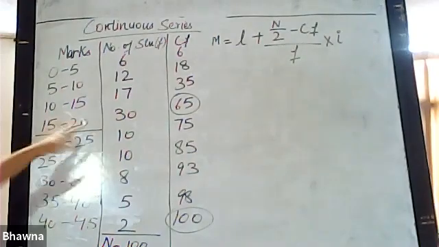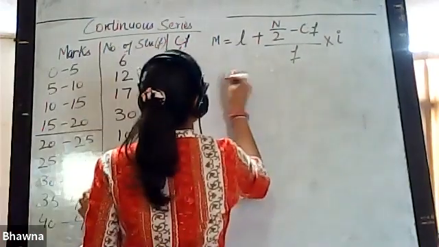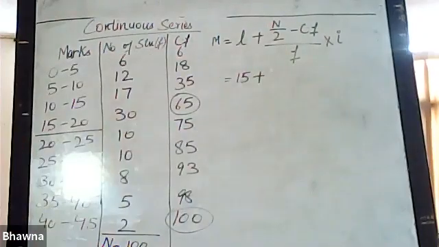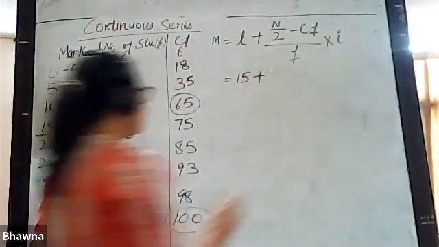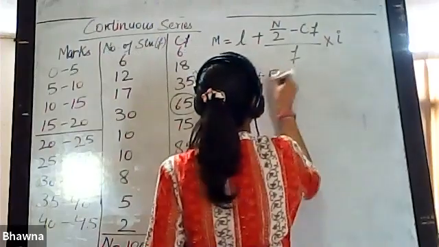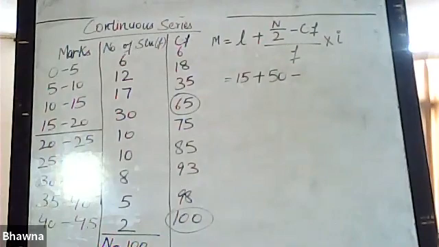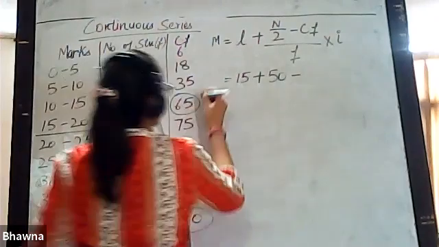So 15 plus n divided by 2, which is the 50th item, minus CF.